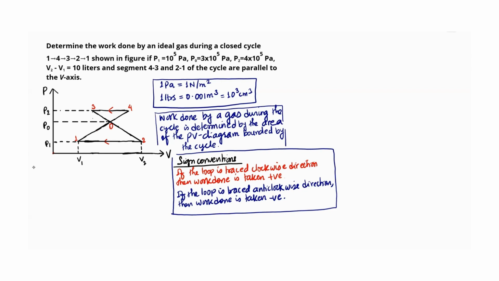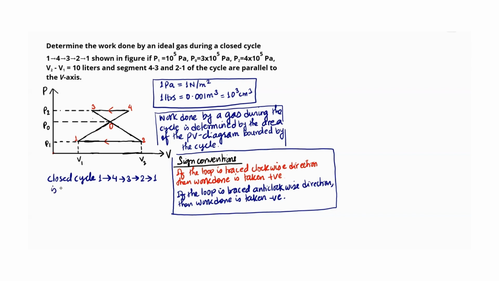Now, we have a closed cycle starting from 1 to 4, and from 4 to 3, and from 3 we have 2, and from 2 finally we have 1.